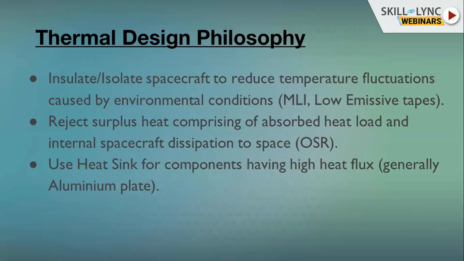It neither allows the heat from the sun side to get inside the spacecraft, nor does it allow the excess heat from inside the spacecraft to leave from the other end, which is on the shadow side. So basically, your spacecraft is now an isolated system which has its own thermal control, and you can control its temperature very well.